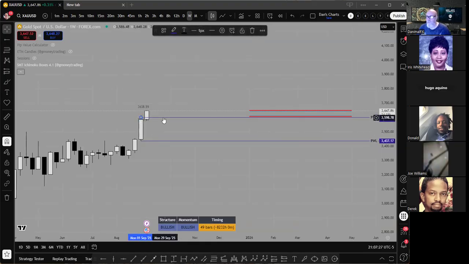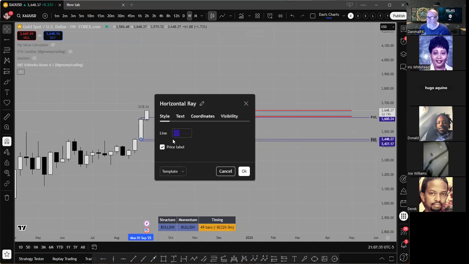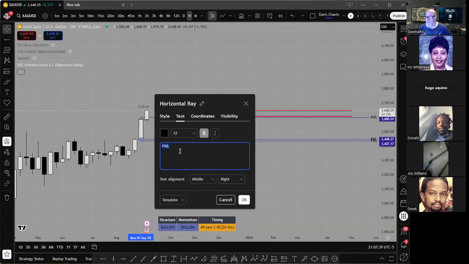Then you can make another by holding control, drag it down to the open. So this is the previous weekly. I think it's not going to really do us any favors because we are already past the extensions of the previous week.